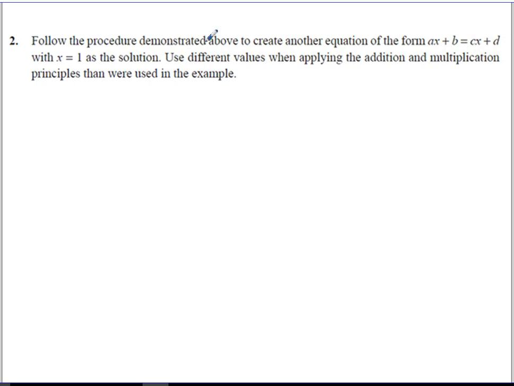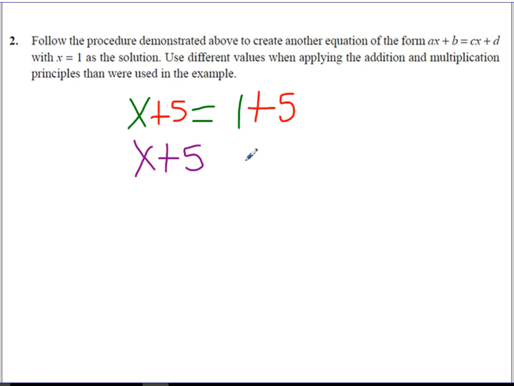So let's go ahead and add 5 to both sides. So we can simplify the right side. The left side stays x plus 5, and we get 6. Now let's use a multiplication principle, and let's multiply both sides by 4.